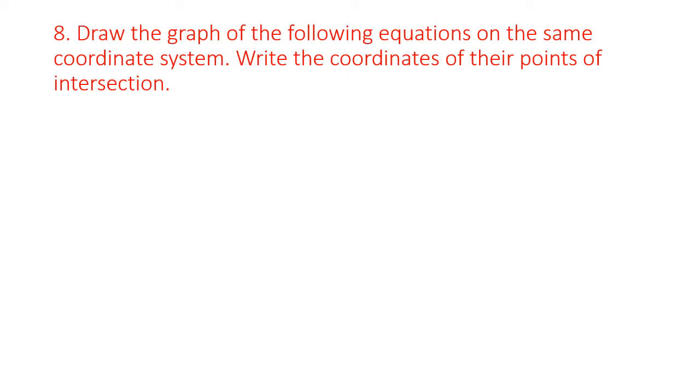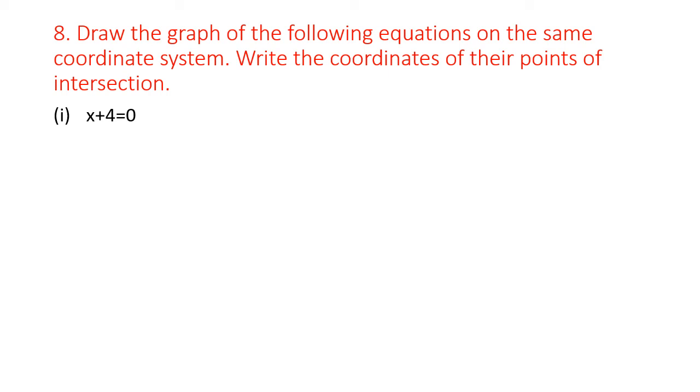Draw the graph of the following equations on the same coordinate system. Write the coordinates of their points of intersection. There are 4 equations given to us. x plus 4 is equal to 0 has only one variable, x. If x and y both are there, then we have a different method of drawing the graphs.